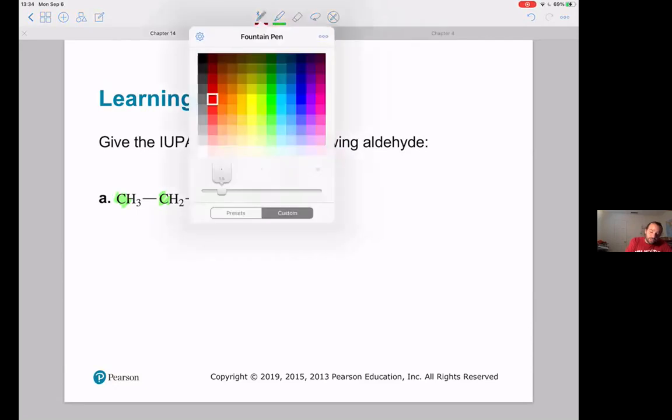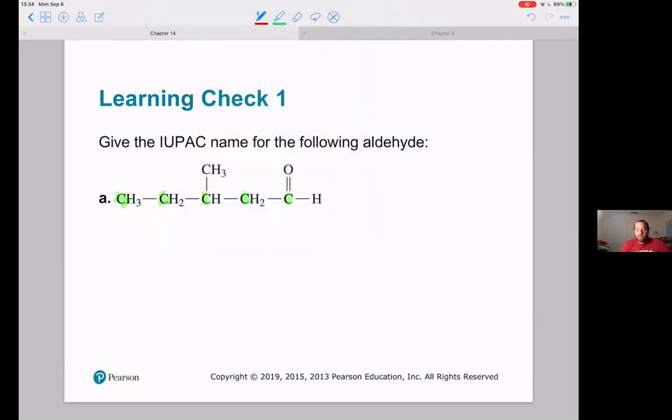I'm going to start numbering. And again, the thing about the aldehydes is that aldehyde group always gets carbon 1. That's why we don't have to number it, because we know that we're going to put it at carbon 1. But that means that when you have substituents and all that good stuff that you got to keep track of, make sure that you're numbering starting at that carbonyl carbon. 1, 2, 3, 4, 5.